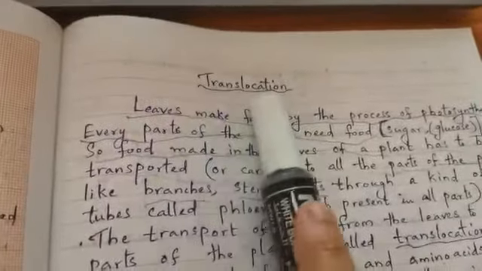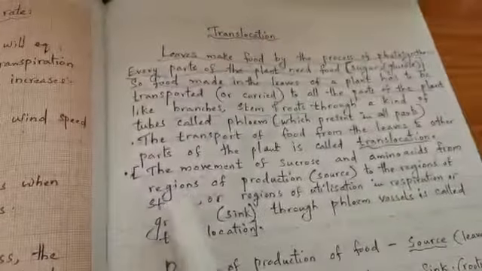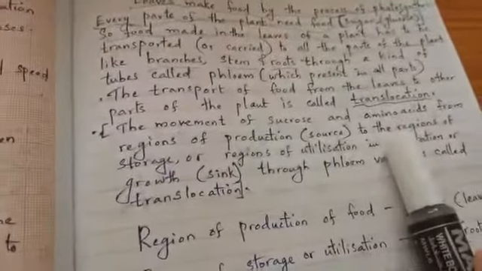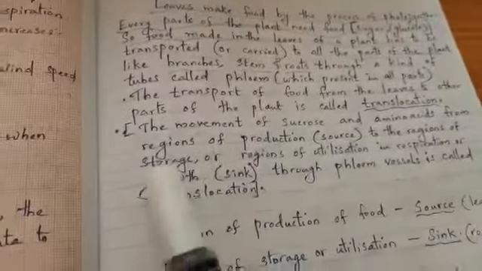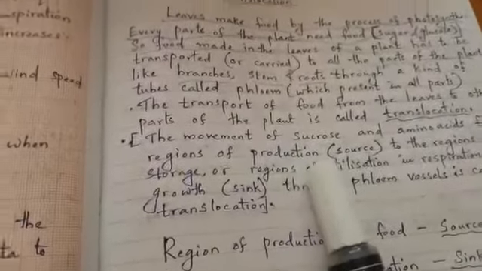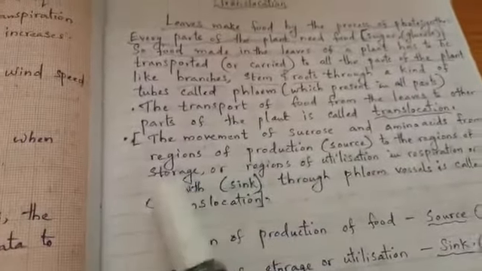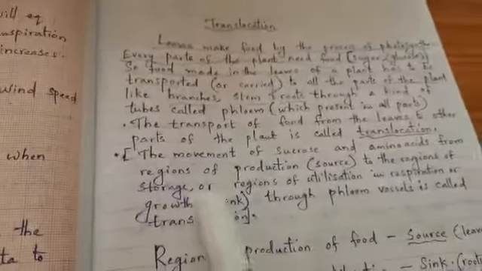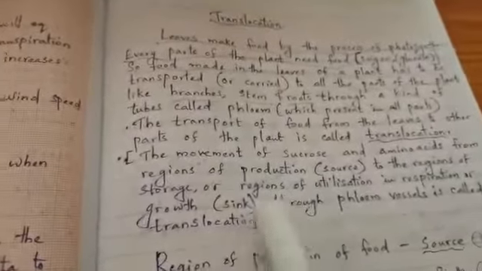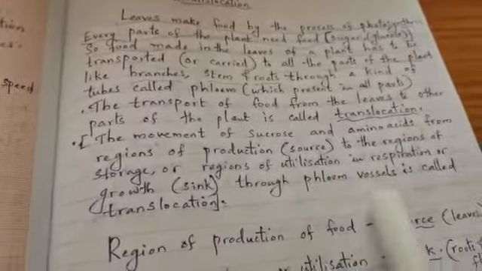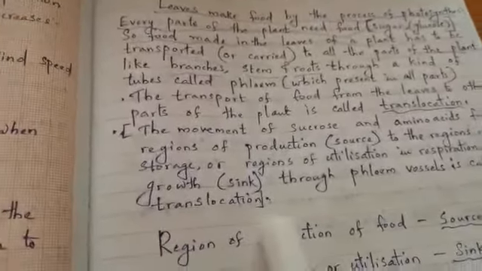Translocation is the movement of sucrose and amino acids from the regions of production, meaning the leaves, to the regions of storage, like stem, root, flower, through the phloem vessels.